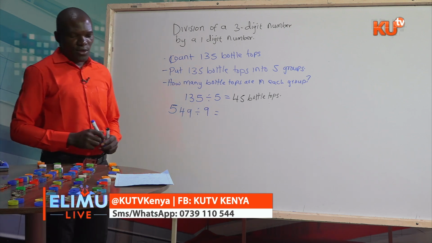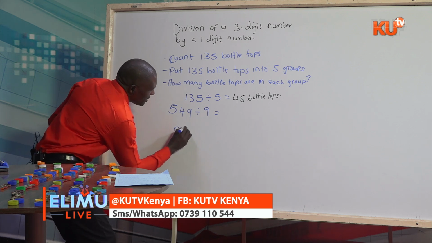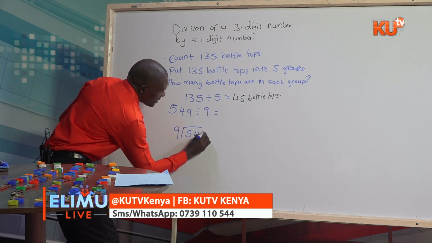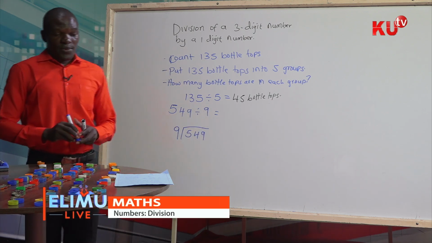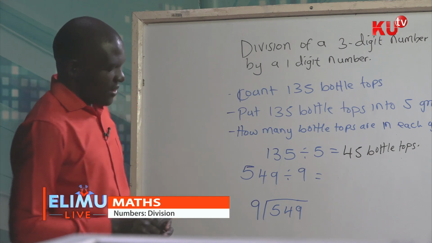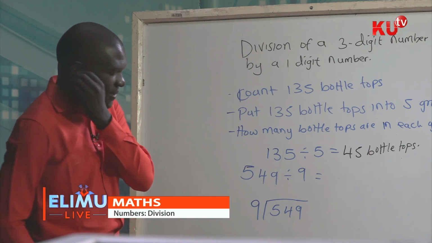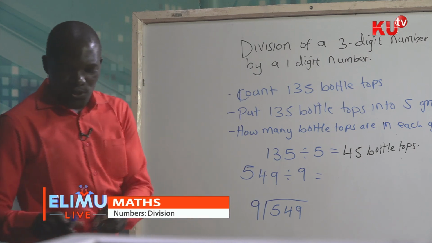Using our long method, you are going to write 9 outside and then 5, 4, 9 inside. We want now to divide. The first step, you are going to look at table 9, whereby you are going to write it somewhere.